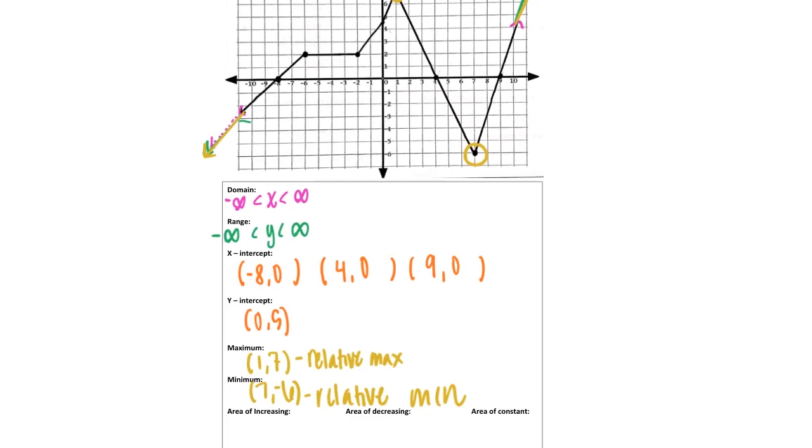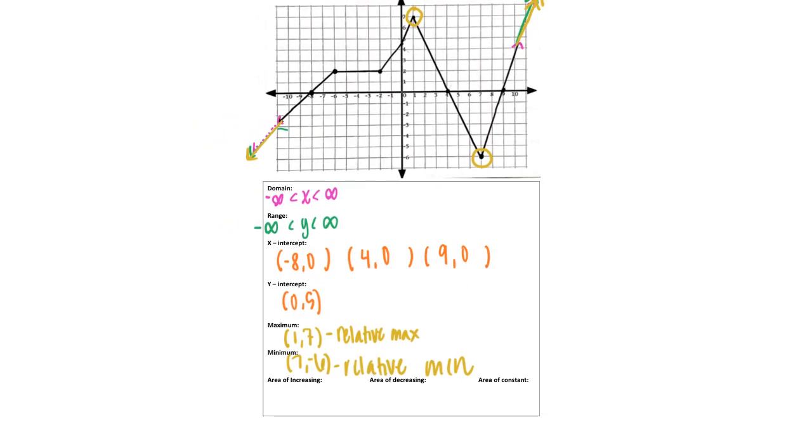The last thing that we'll look at are the areas where the graph is increasing versus decreasing. I would encourage you to use highlighters in this step. The graph is increasing where it looks like it's going uphill. That occurs in 3 different regions. So you should have 3 different inequalities when you talk about where the graph is increasing.